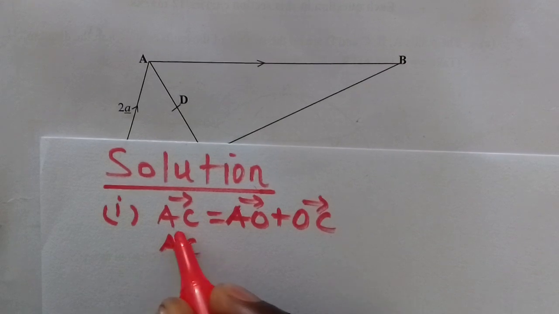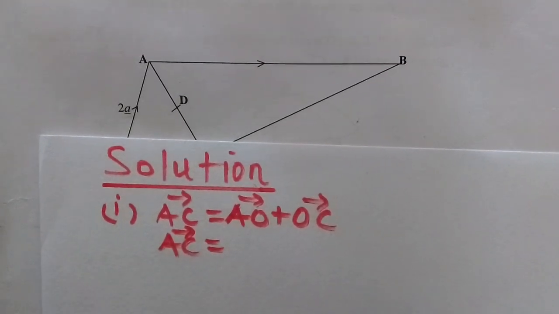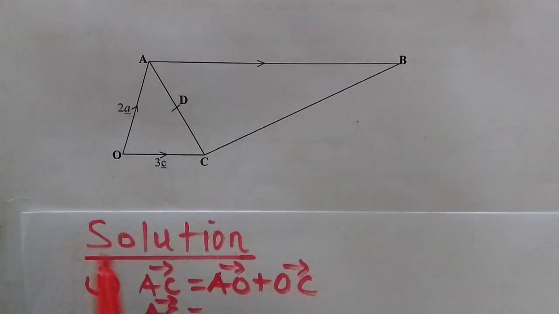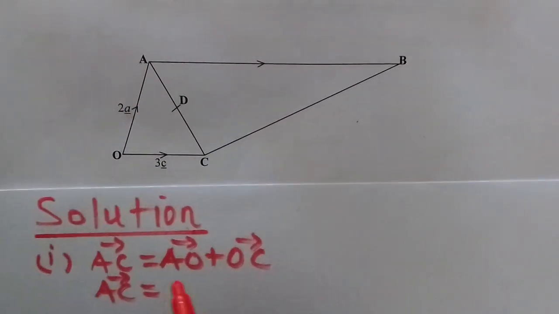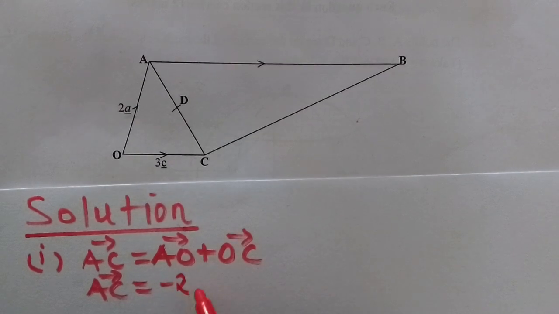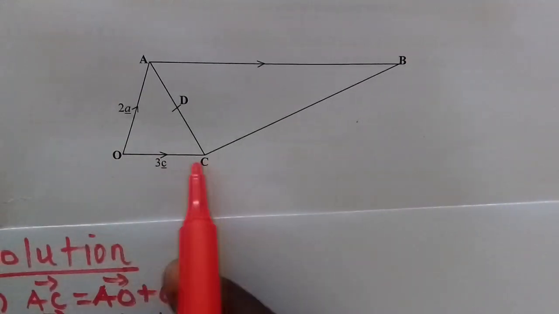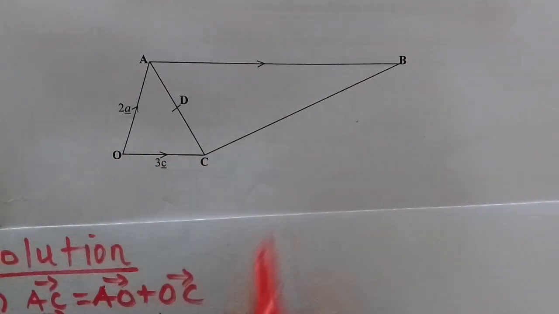So vector AC is equal to AO, which is the opposite of OA. So for that, we indicate negative 2a vector. Then plus OC. OC is given as 3c vector.